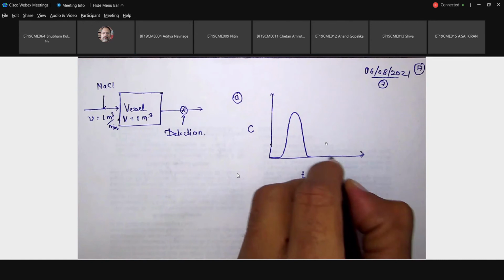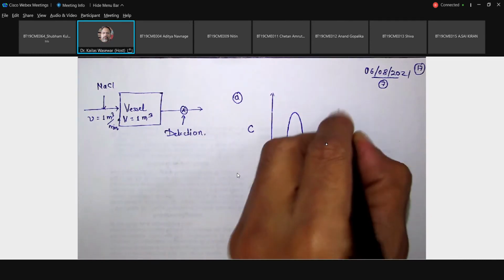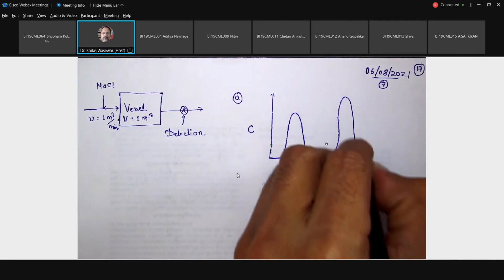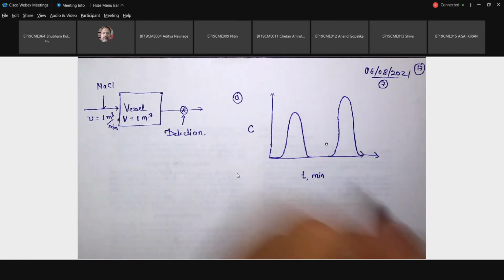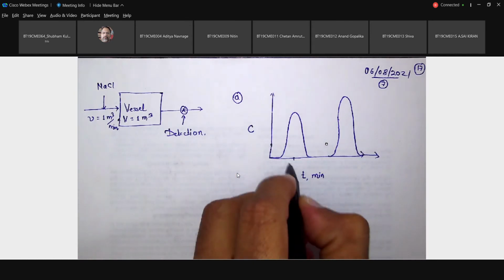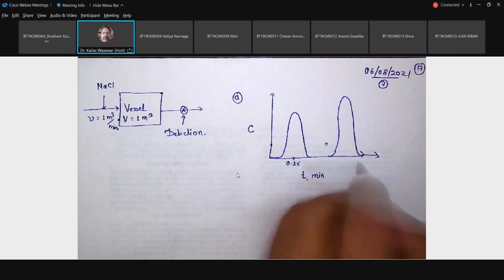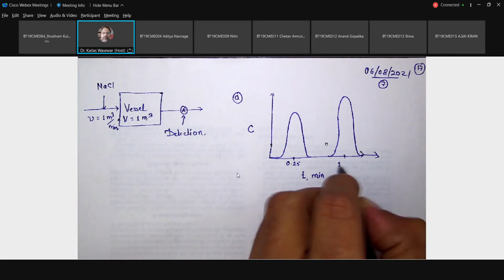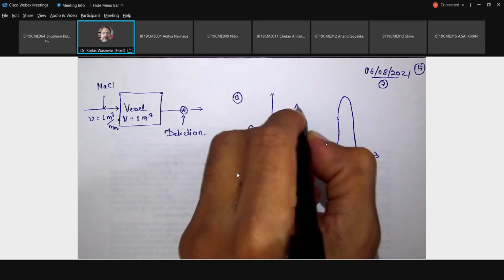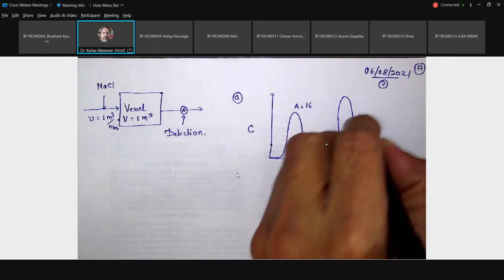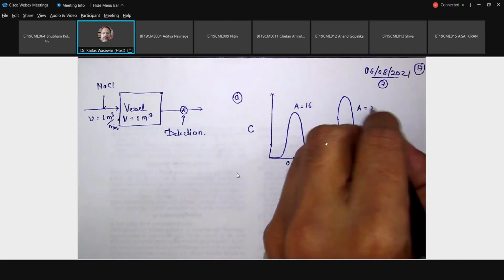Then there is another curve. This kind of profile has a 0.25 minute mean time, here it is 1.5, and the area is around 16 here, and the area here is equal to 24.